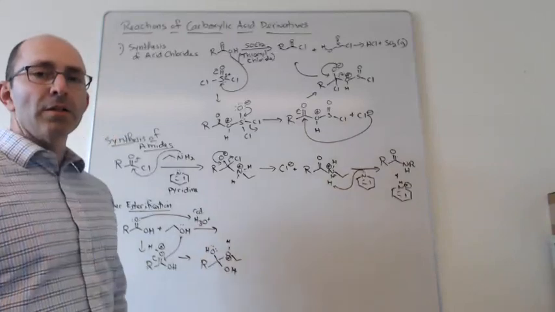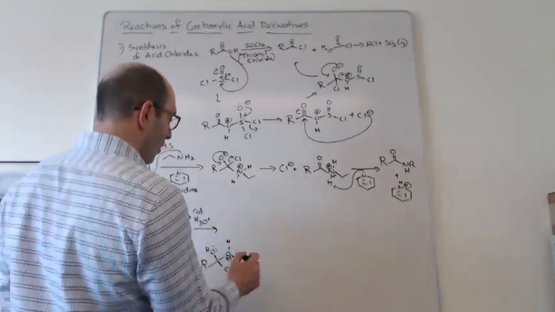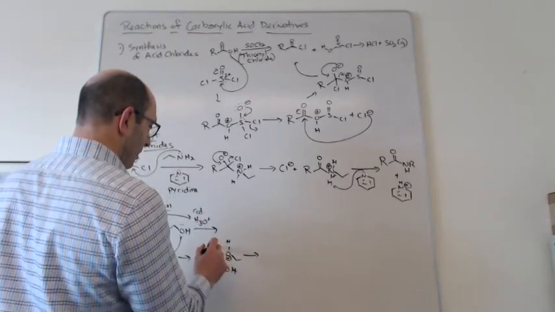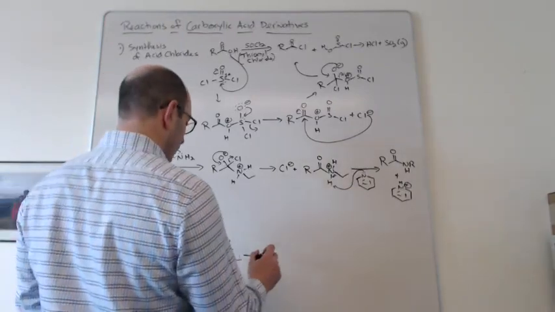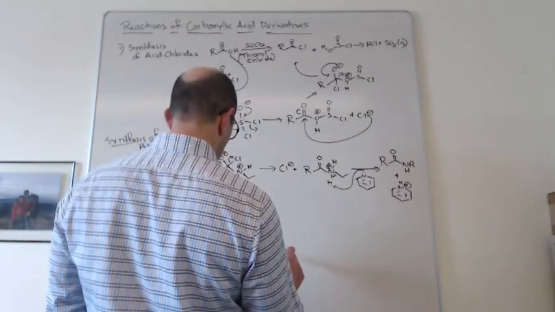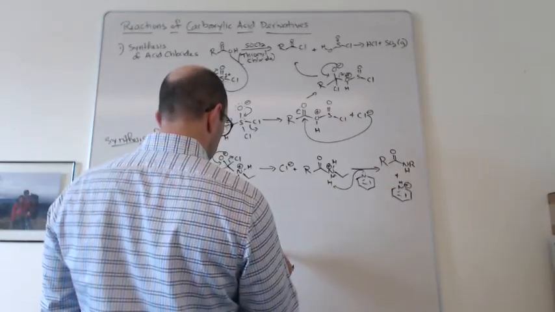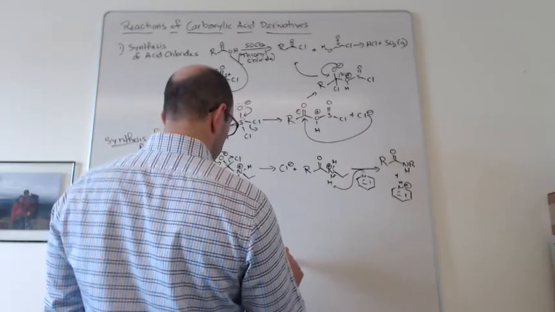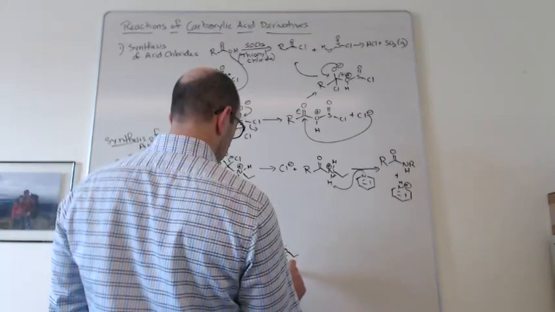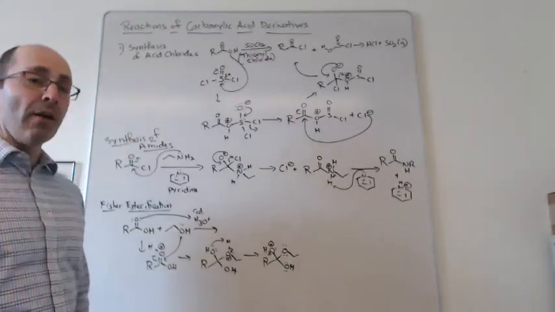And again, in a mechanism that is just like what we've seen before for acetal and ketal and those sorts of things, we're going to do a proton transfer. And now we can have water leave.